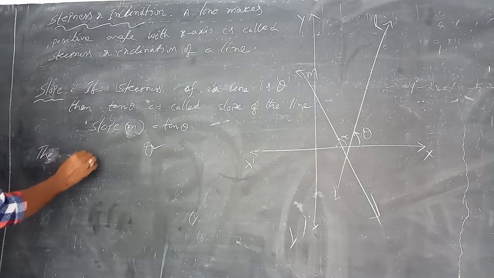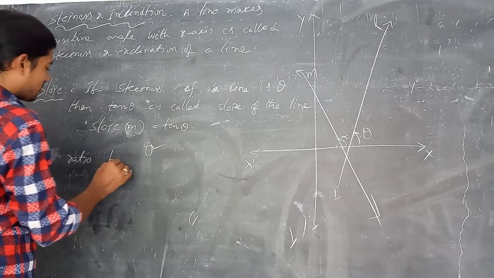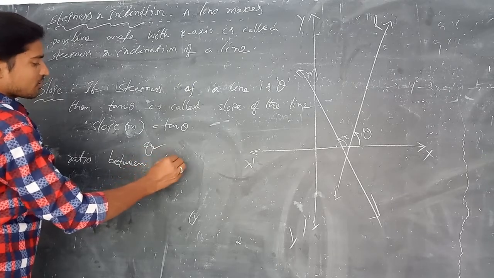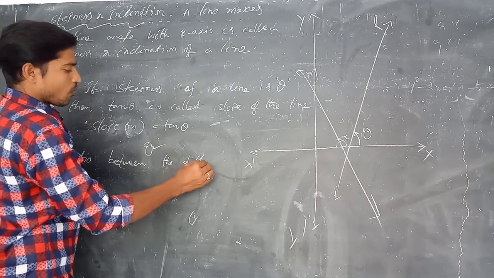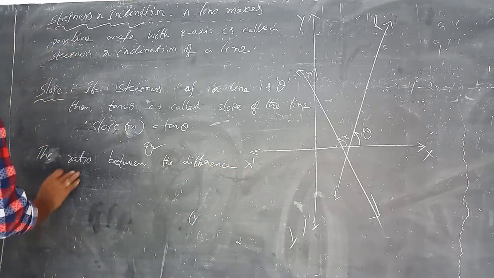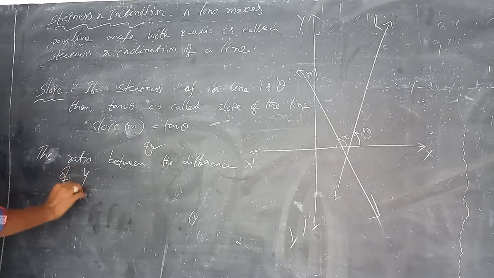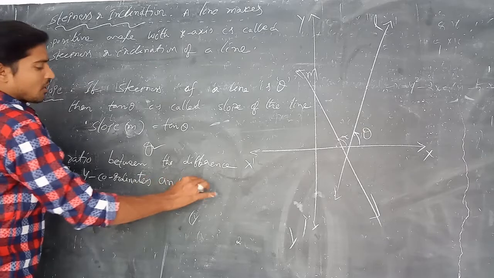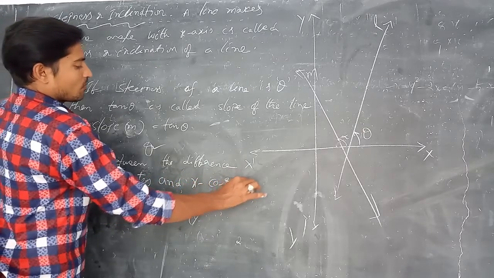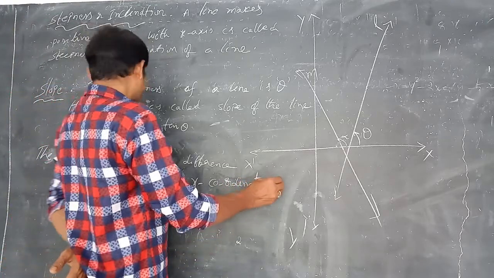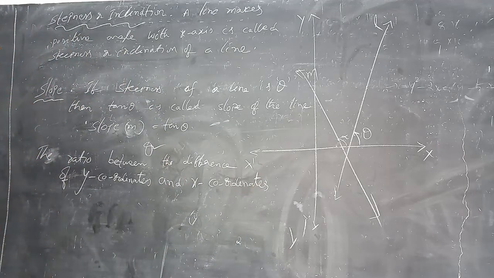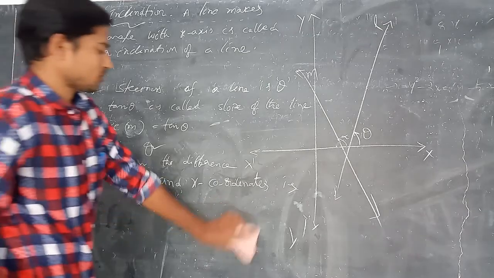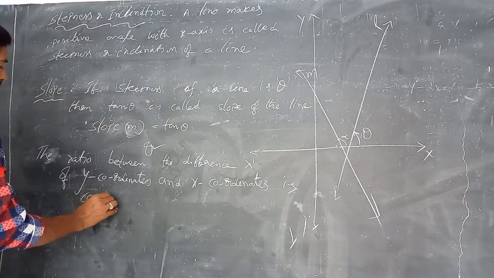The ratio between the difference of y coordinates and the difference of x coordinates is constant.